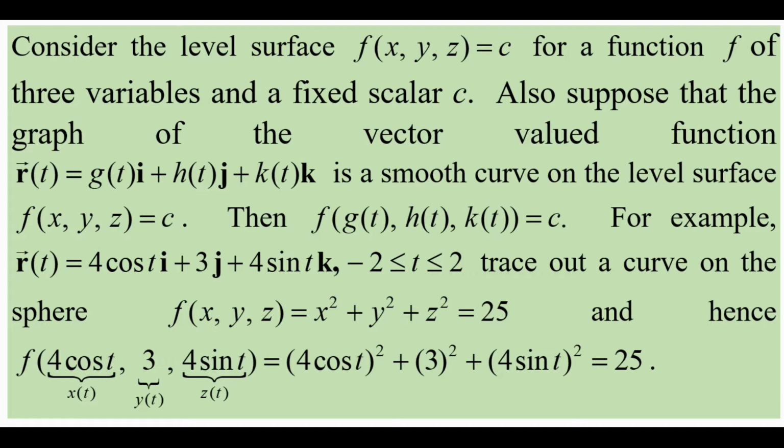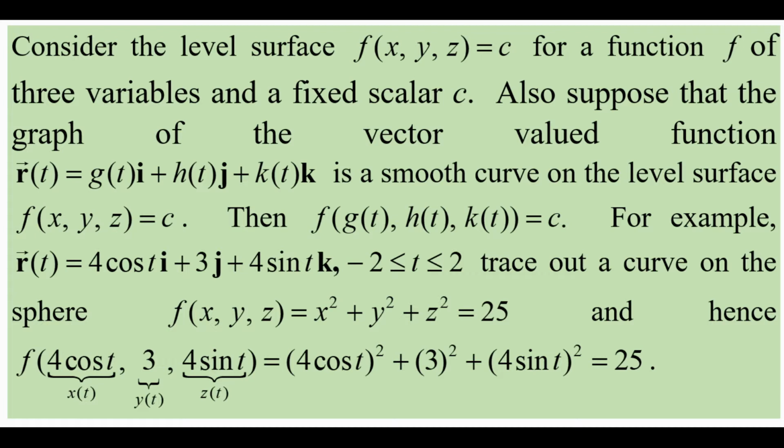Then the triple g(t), h(t), k(t) is a point on the level surface, so that the f image of this triple is c, so that f(g(t), h(t), k(t)) = c.